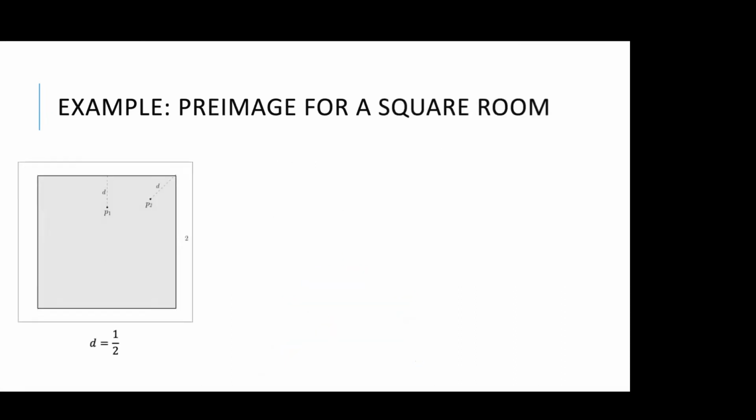And let's see a bit more complicated example. Say now the room is a square, with an edge length of 2, and we get a half meter distance measurement. There are many places the robot might be, and we want to know exactly where it might be. First, we notice that getting a distance measurement of half from the upper wall follows the exact same analysis we have seen in the previous example, because it's an infinite line.